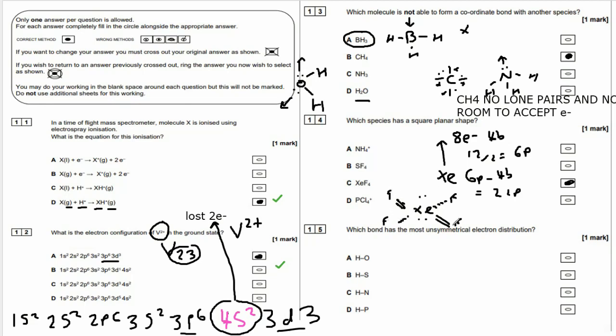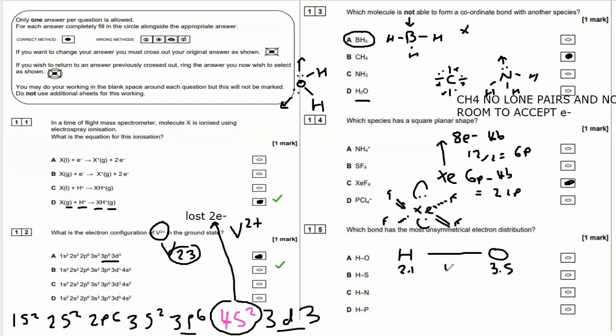Which bond has the most unsymmetrical electron distribution? So this means which one are the electrons pulled? Are they not sitting in the middle of the covalent bond? What you're going to find here is oxygen. I'm writing numbers here. These are on the Pauling scale. Oxygen is one of the most electronegative elements in the periodic table. It's literally only beaten by fluorine in electronegativity.